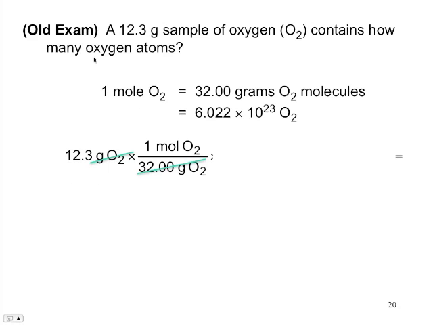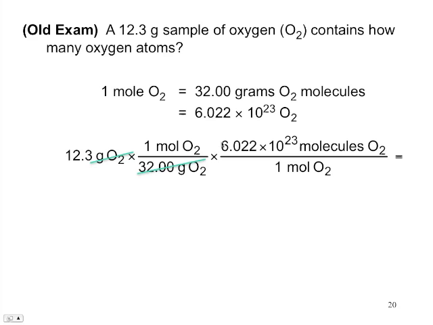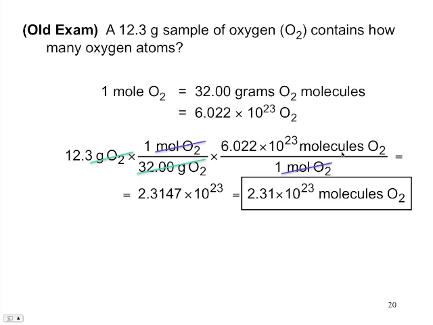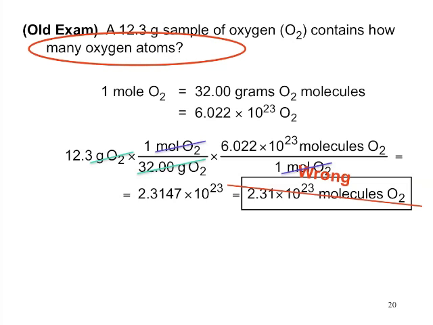But the question wants us to address how many oxygen atoms, so we need to convert this to the actual number of molecules, right, using our second conversion factor, which is just Avogadro's number. Again, moles of oxygen cancels, and at this point we will have calculated the number of oxygen molecules present in 12.3 grams of O2, which will be, when we round off to 3 significant figures, 2.31 times 10 to the 23rd molecules of oxygen. Now, if you answer this on your test, it would be wrong.